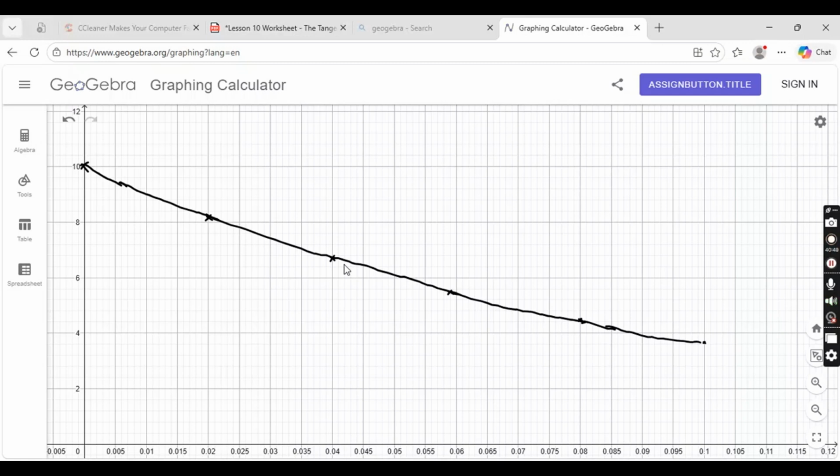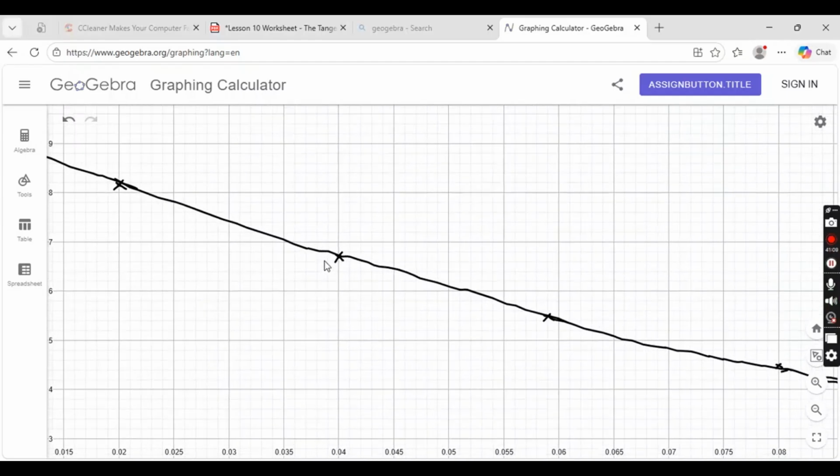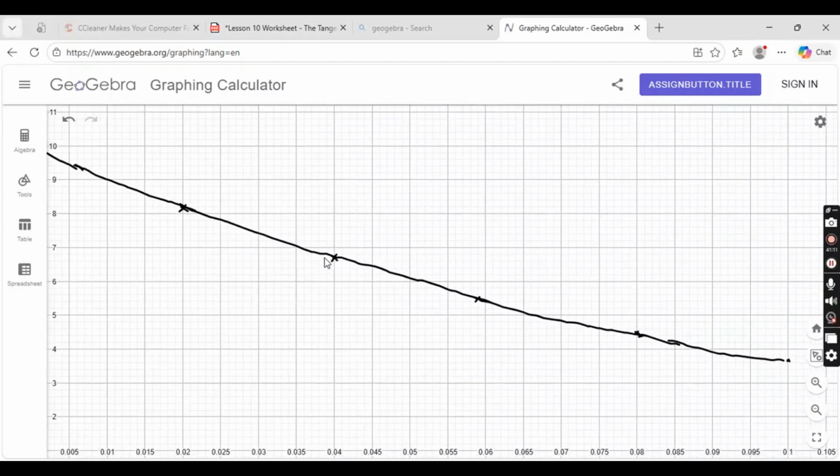We can, on the graph, just look for a point that's slightly above the graph so that it doesn't touch. We can draw a tangent line and then find the point.